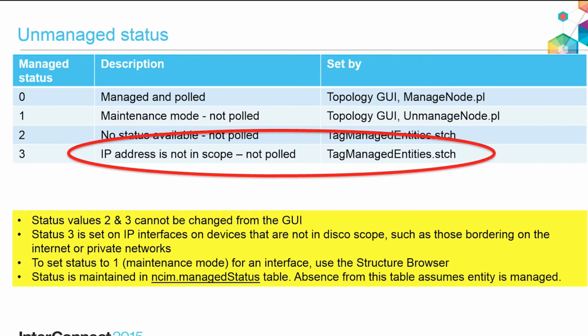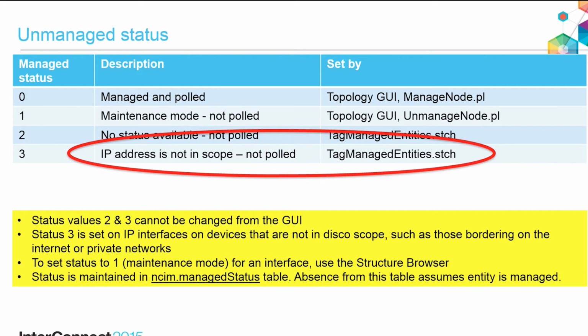Basically, these are set within the tag managed entity stitcher during discovery. So that during discovery, you can say, you know, all these logical interfaces, for instance, I'm not interested in polling. So there are a bunch of filters in there, rules in there, if you like, that you can add to or take away in order to control the automatic unmanaged status on the interfaces.